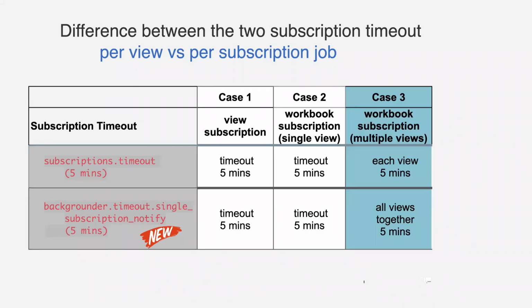The difference comes when people have a workbook subscription, which can be very common. If a workbook has multiple views, the existing key is again 5 minutes per view, but the new key is a total of 5 minutes.